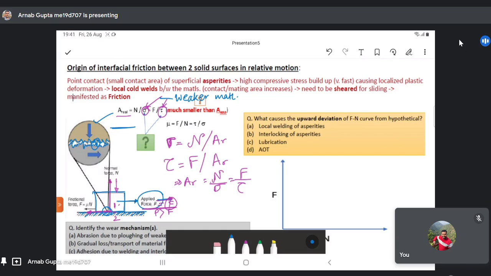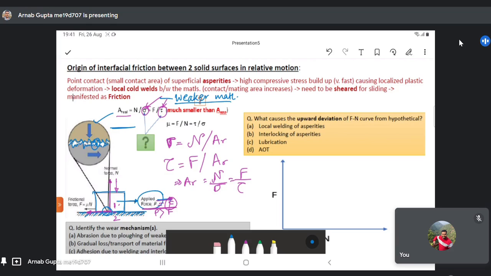To break the weldments, you need to overcome the shear strength of the weaker material. That's a design perspective. From a design perspective, you can say that these properties are for the weaker material, weaker among the sliding surfaces.